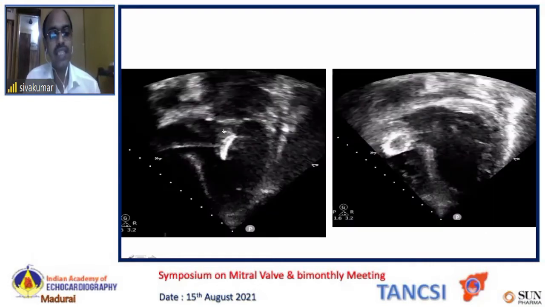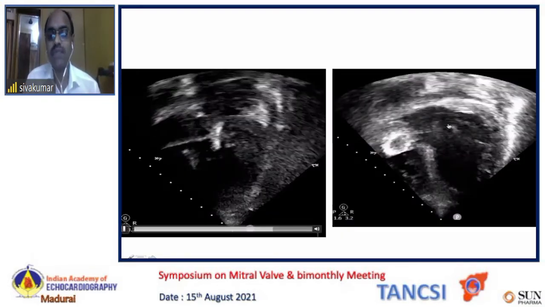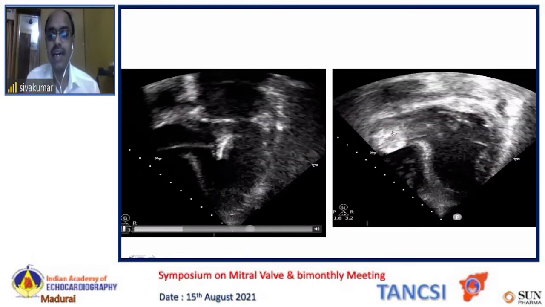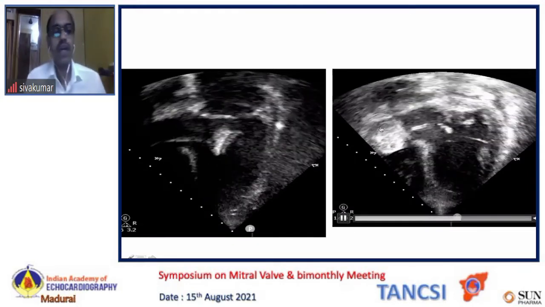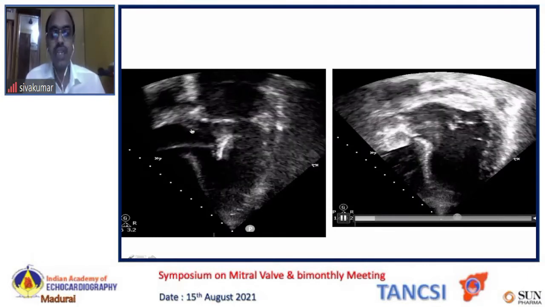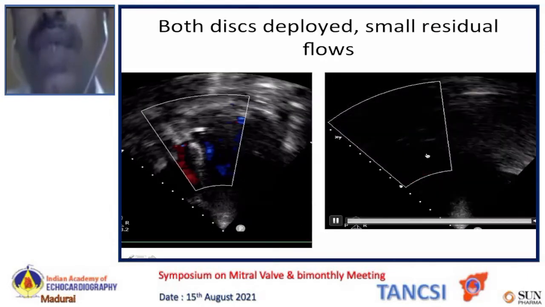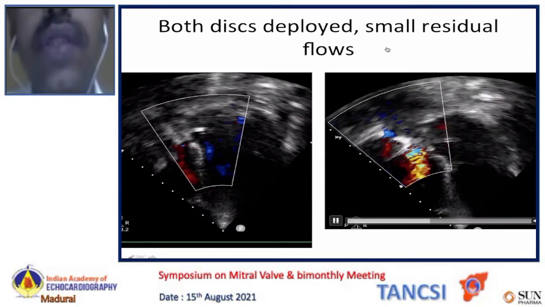So this is the device that has been opened and deployed. Both the discs are open. Echocardiogram showing the device position. There was a small amount of residual flow.